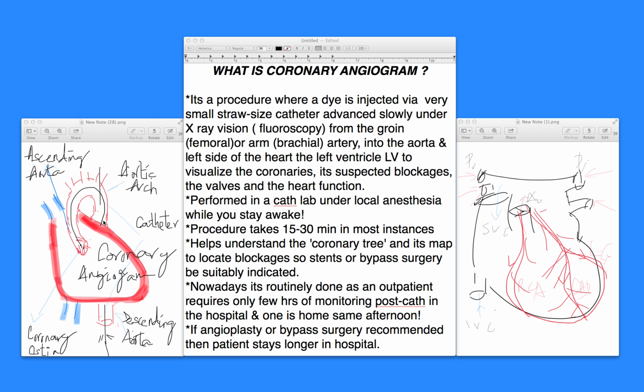And as it is advanced under purely X-ray vision, which is called fluoroscopy, the catheter is advanced very cautiously right within the lumen of the aorta, comes up into the arch of the aorta, and then finally descends into the ascending aorta till it reaches the coronary ostium openings, which means where there are two openings in the three valve leaflets at the mouth of the aorta, which is just about to begin from the left ventricle, as you know, if you recall the anatomy I defined in the previous video presentations.